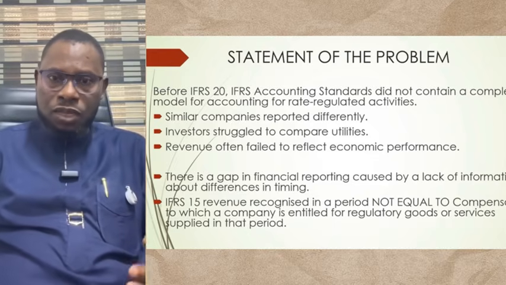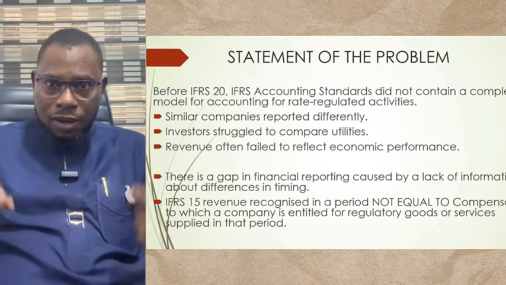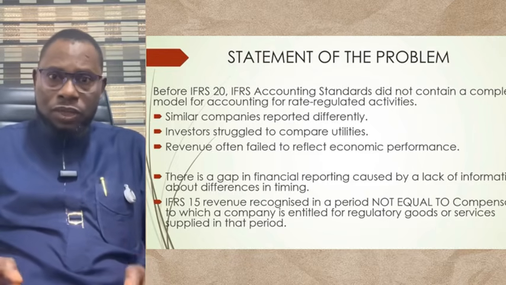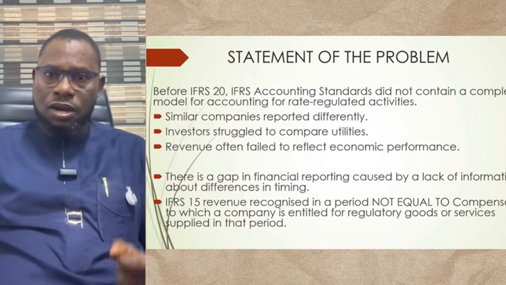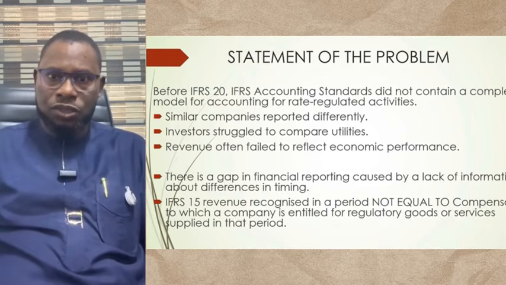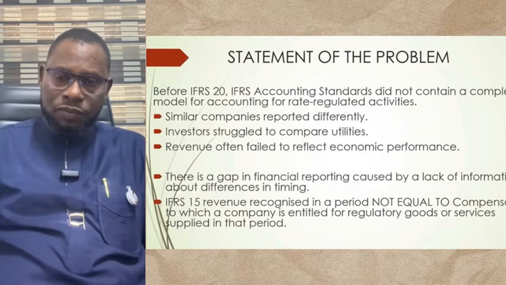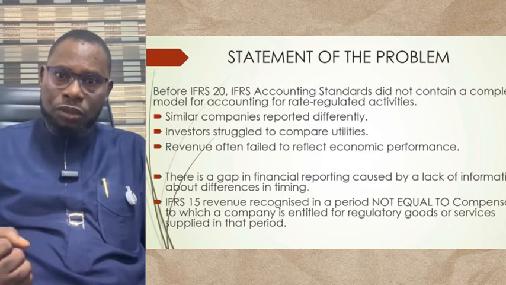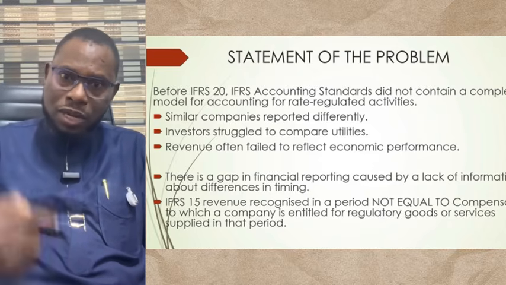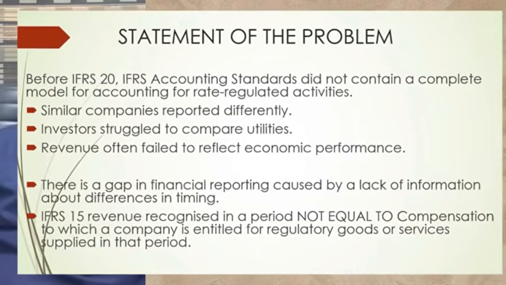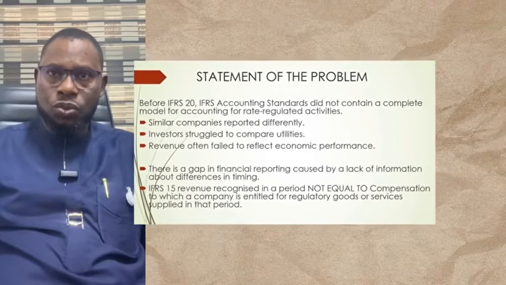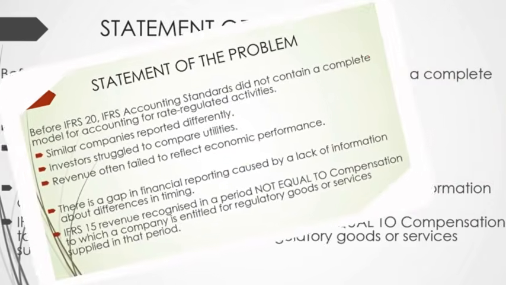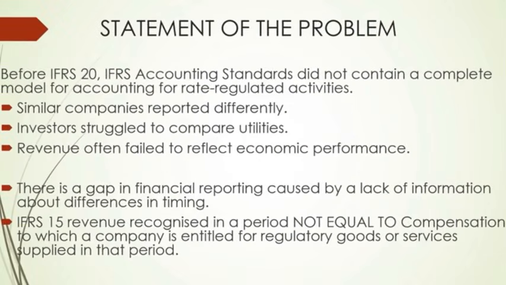This is because a company could earn revenue in line with IFRS 15, revenue from contracts with customers. But to collect the money, there would be a regulation that would prevent them from actually recording their revenue in that period. So this posed a serious problem, and it became a big problem for reflecting correctly the economic performance of that company.